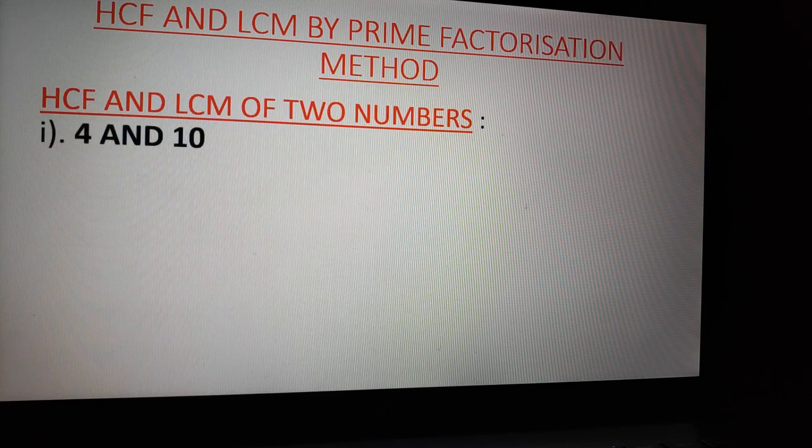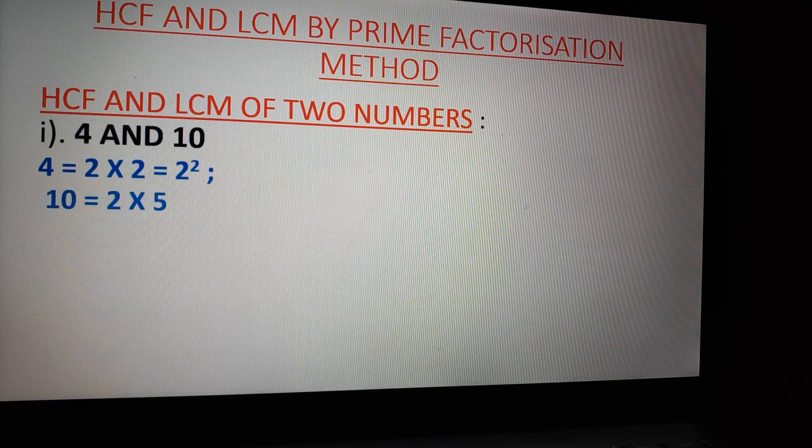Next, let us find HCF and the LCM by prime factorization method. For this, take two numbers 4 and 10. 4 can be written as 2 into 2, that is 2 square. Similarly, 10 can be written as 2 multiplied by 5.